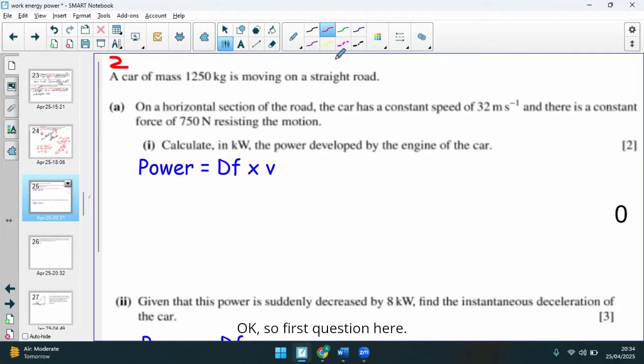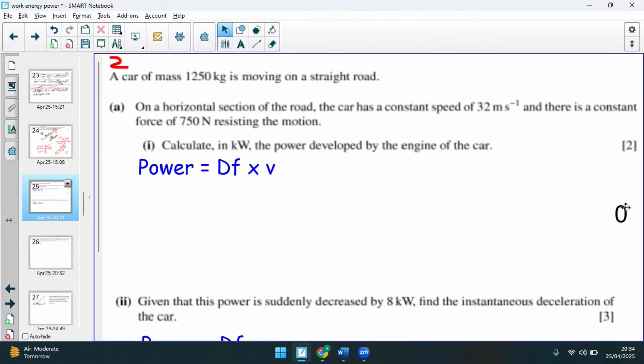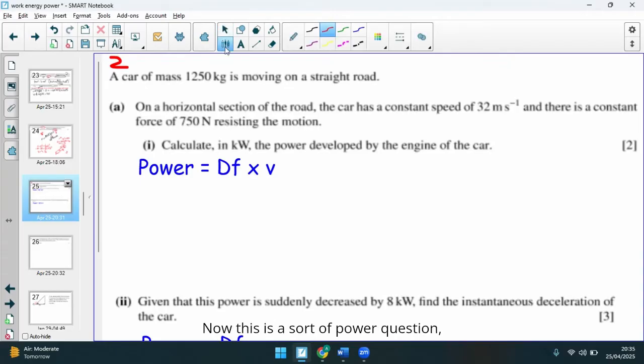Okay, so first question here. Again, I've just written the formula. Now this is a power question, right? So I've started with the power formula, and if I need the work energy formula, I'll put that here as well. But let's start with power and see where we are. Keywords in the question: constant speed means acceleration is 0.